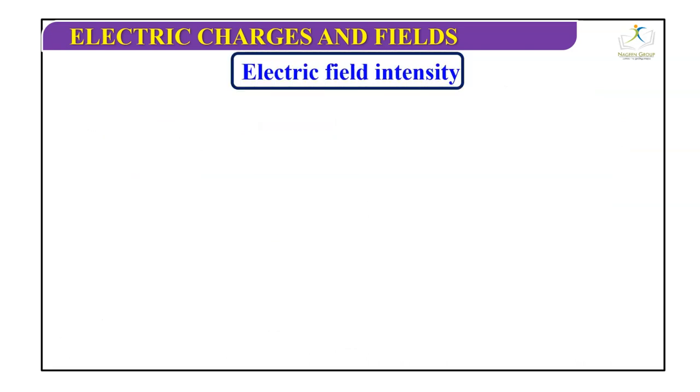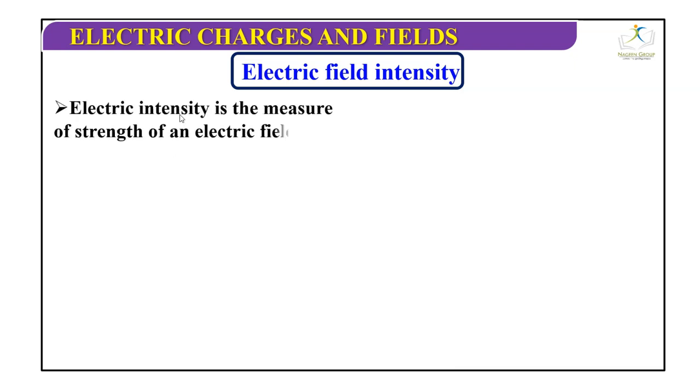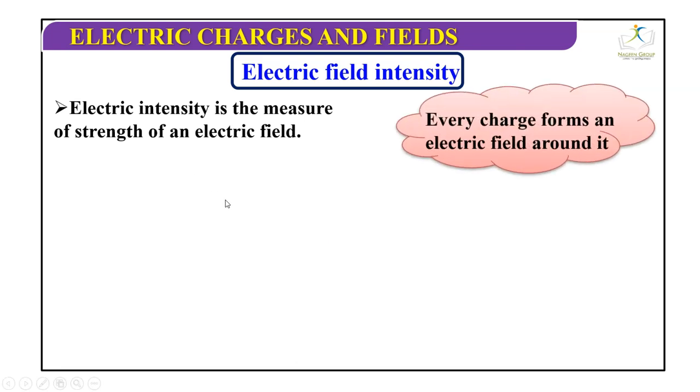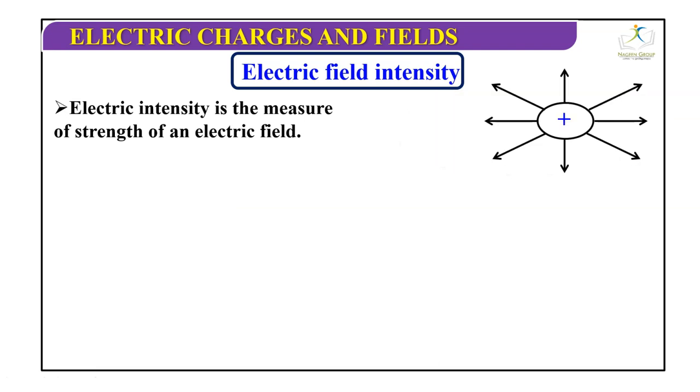Now, talking about electric field intensity, what is electric field intensity? Electric field intensity is a measure of the strength of an electric field. Every charge forms an electric field around it. Like a positive charge, as I told you, there will be a field which is radially outward.